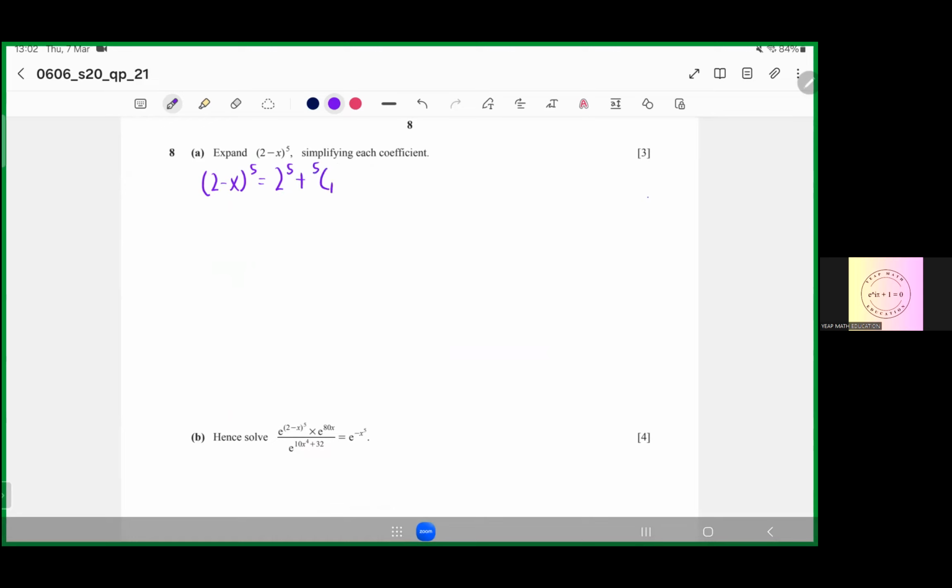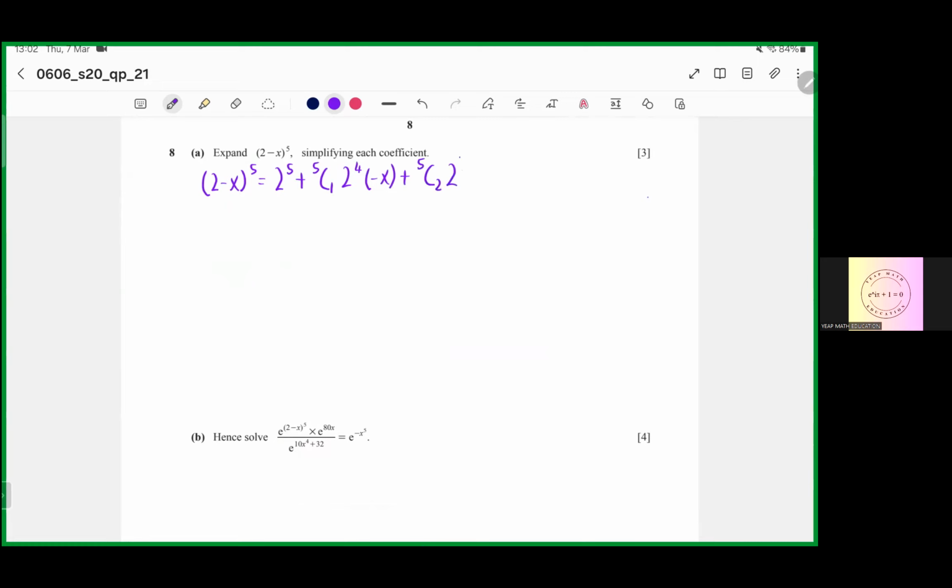So 5C1 times 2 to the 4 times negative x, plus 5C2 times 2 cubed times negative x squared, plus 5C3, 5C4 times 2 to the 1, and then power 4 plus x to the power of 5.